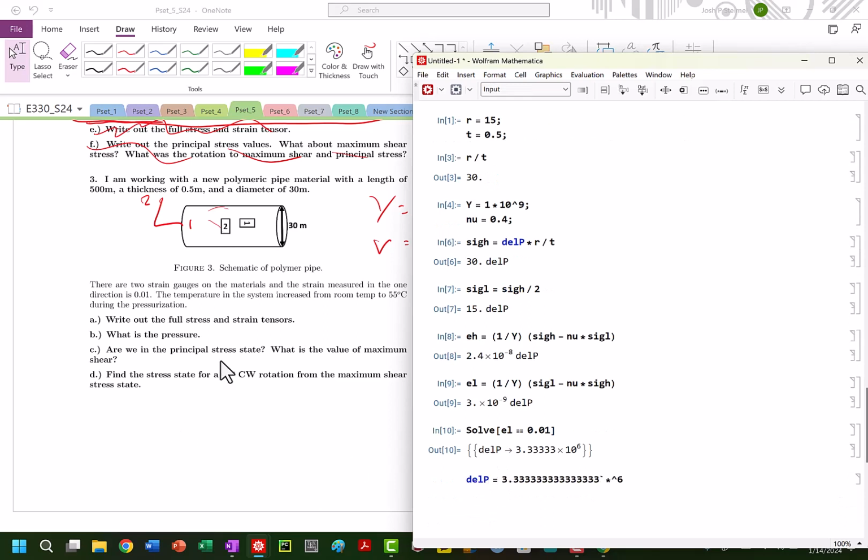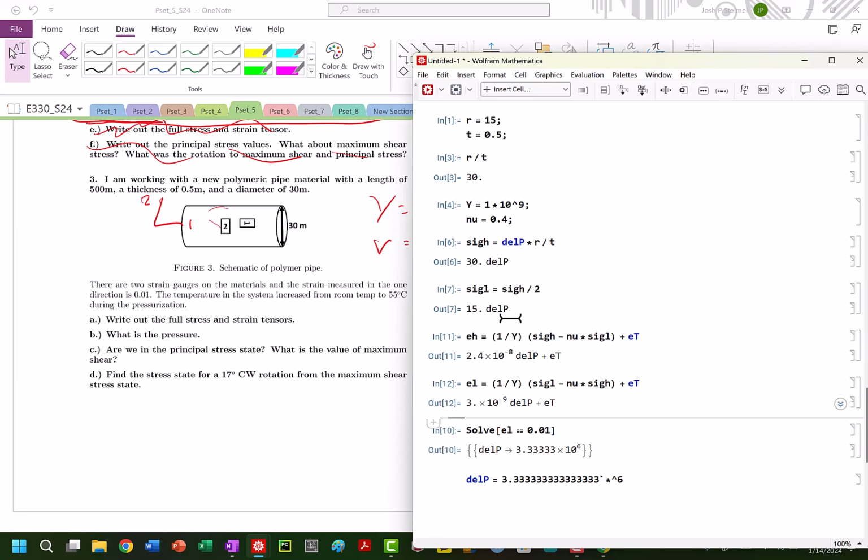But I see I've forgotten something here. I'm given that it's a polymer. I've forgotten that I need to take into account epsilon_T, plus epsilon_T. Uh-oh.